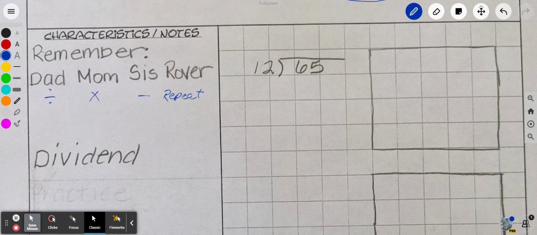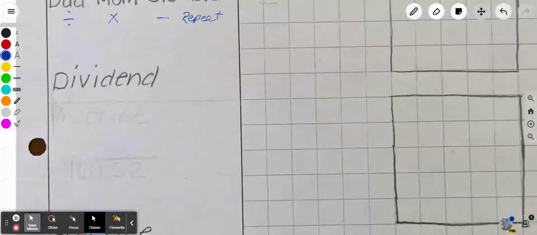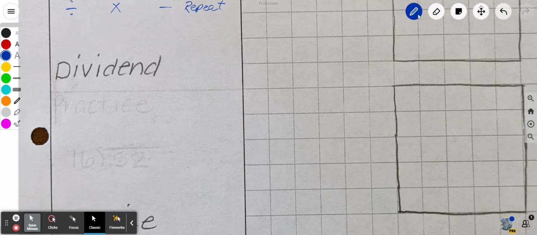And then what I want you to write here is that when a dividend is too small, comma, add a decimal and a 0.